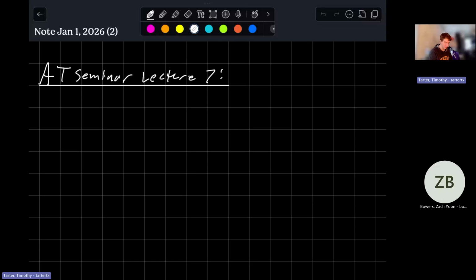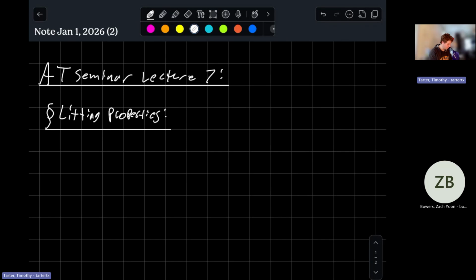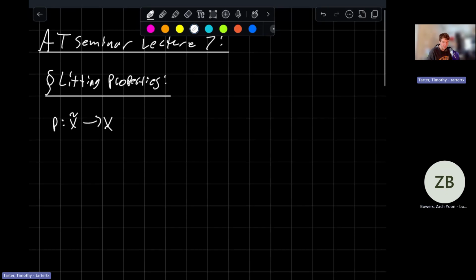Next, what we're talking about is called lifting properties. Covering spaces are defined in fairly geometric terms as maps p from x tilde to x that are local homeomorphisms in a rather strong sense. But from the viewpoint of algebraic topology, the distinctive feature of covering spaces is their behavior with respect to lifting of maps.